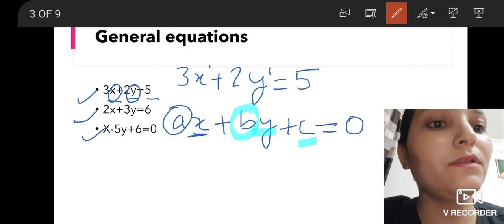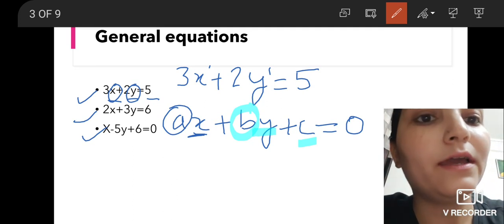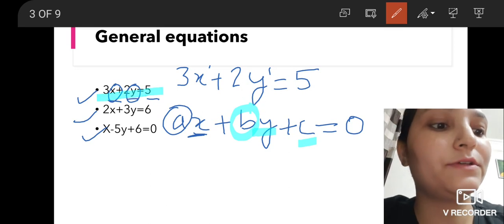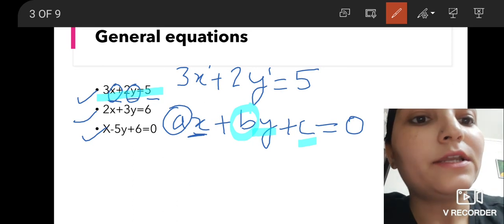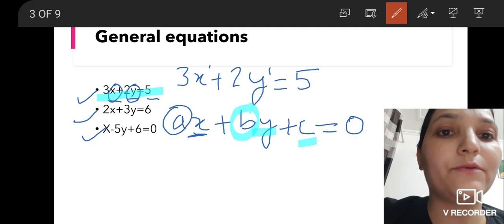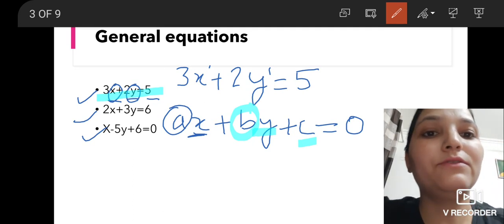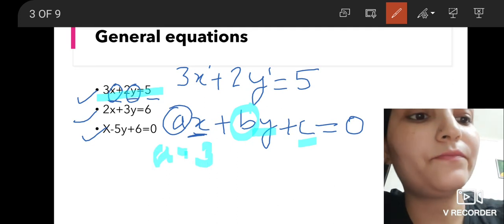So you should know that. If you compare this first equation with this general equation, a will be 3.